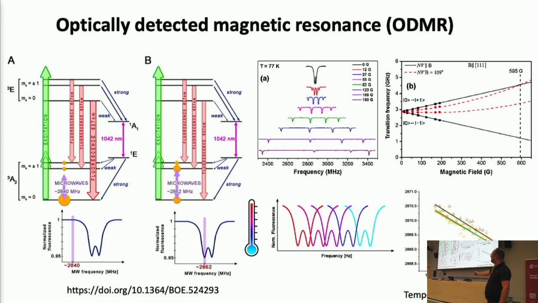So not all of the population is occupied in both of the states, but sometimes goes to the -1 and +1, not with the same weight. So when you split in a huge magnetic field, the population is a little bit different on the ground state, so the fluorescence goes down.